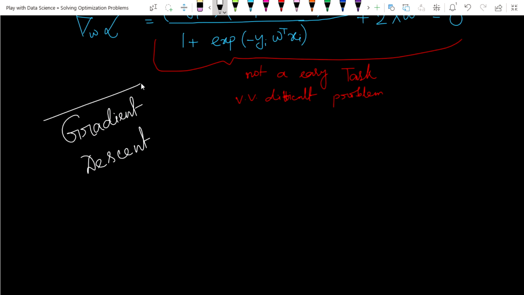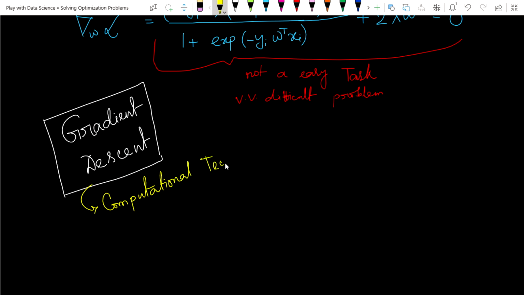This concept is called gradient descent. It is a computational technique, or programmatic. In the next lectures we will learn about gradient descent.